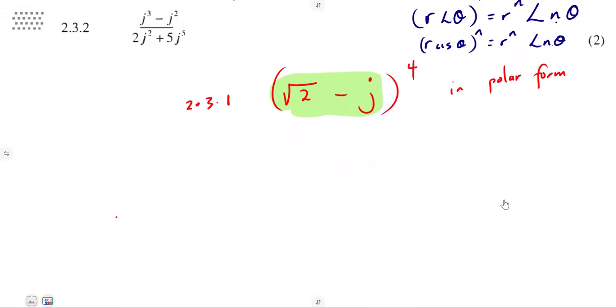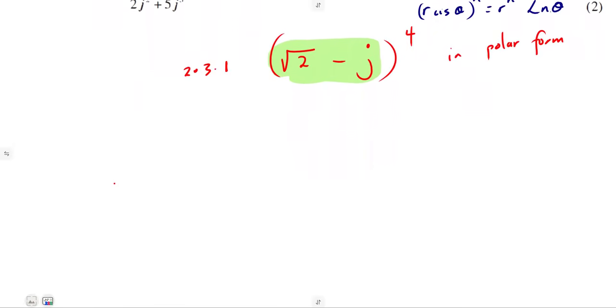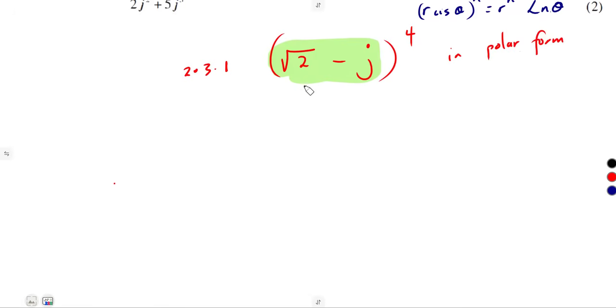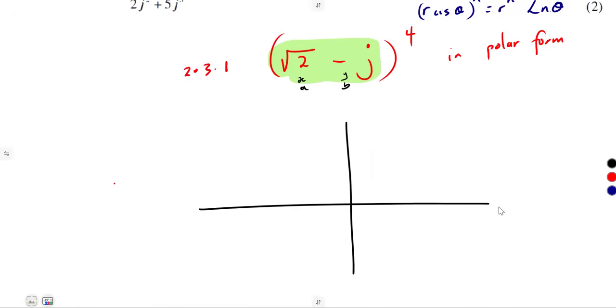Our Argand diagram. We have a rectangular form which is given, so you can write this as your x, and for the part of y you can use a and b. It's up to you, depending on the source or textbook. In our case, this is our real axis and this is our imaginary axis.